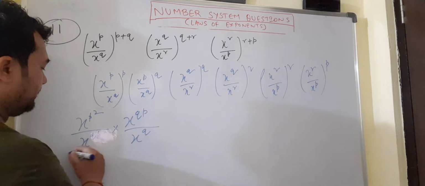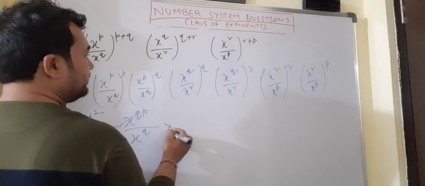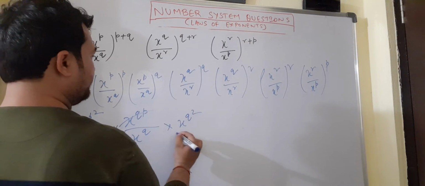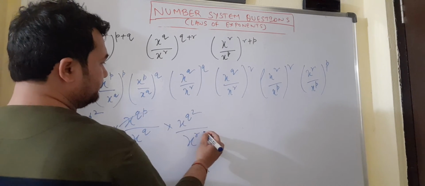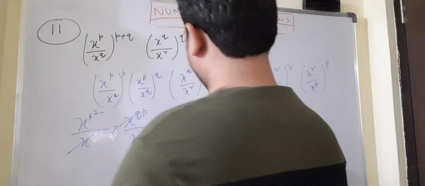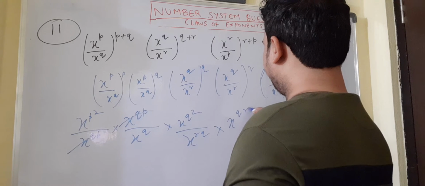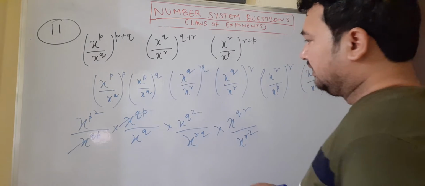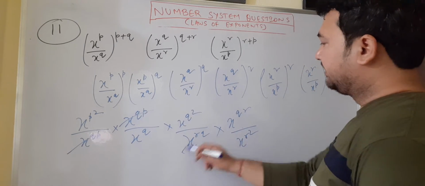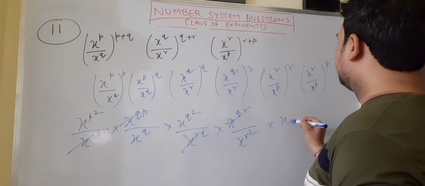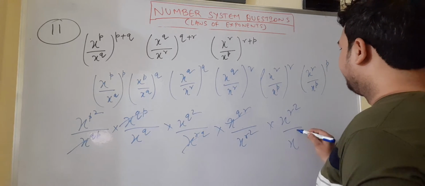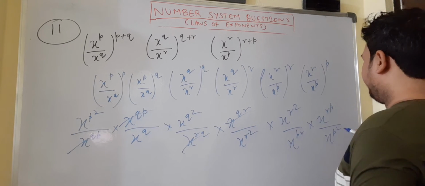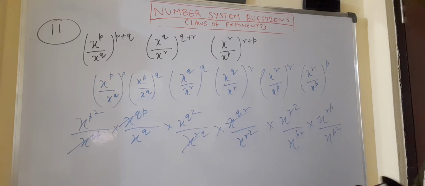See, x to the power qp and x to the power qp cancel here only. x to the power q square, x to the power rq, x to the power qr, x to the power r square, x to the power qr, x to the power r square, x to the power pr, x to the power rp, and x to the power p square.